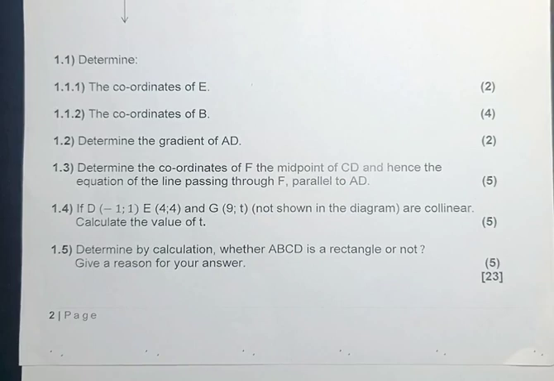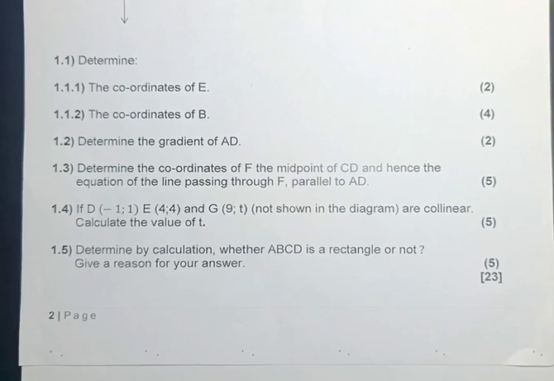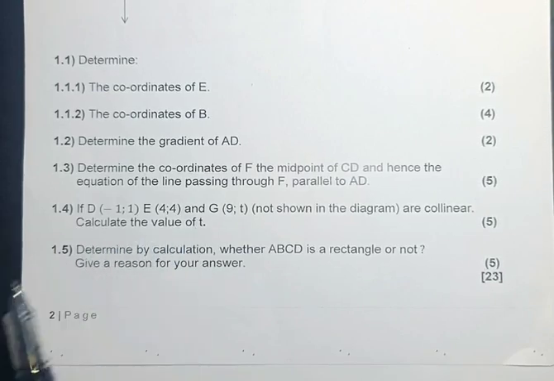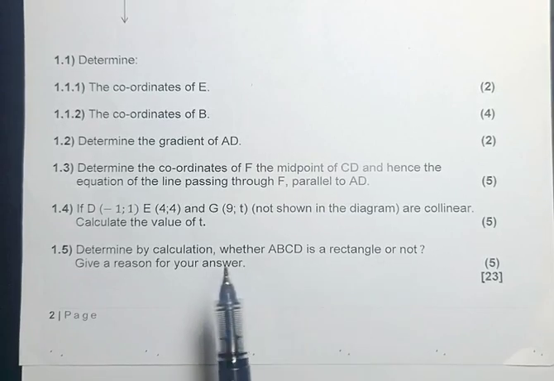We must remember collinear points have equal gradients. So I'm going to take two points, find the gradient, and equate them to find the value of t because the points are collinear.